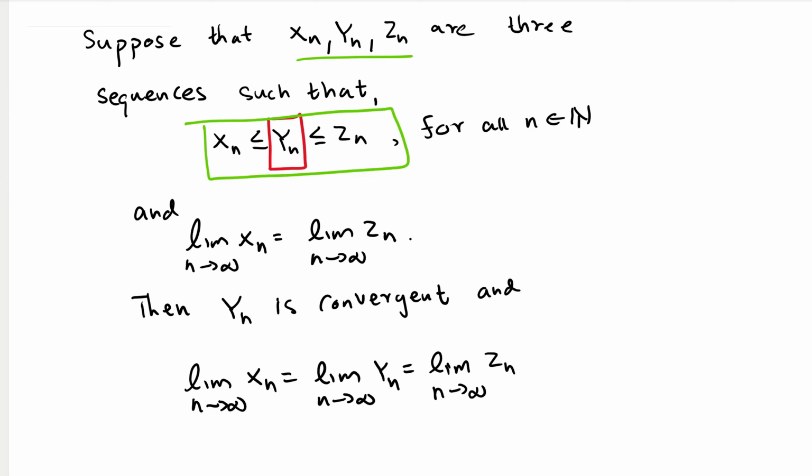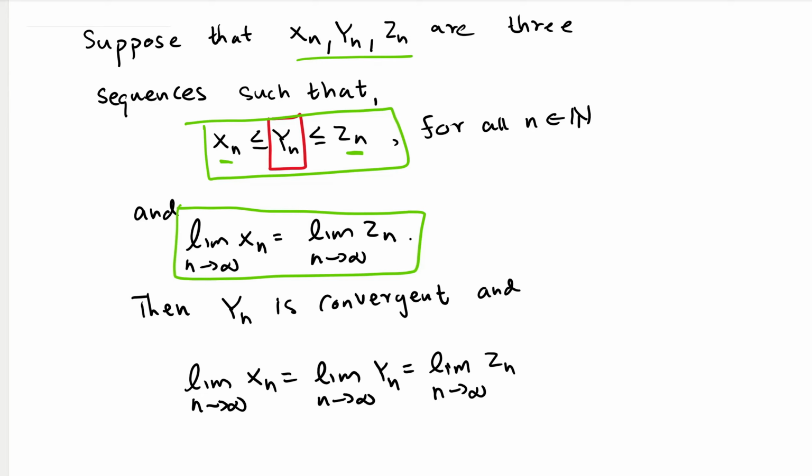In other words, you have the sequence yn, and now you need to construct two new sequences zn and xn such that the limits of the sequences xn and zn are the same, okay? So the limits of these two sequences on the sides are the same.